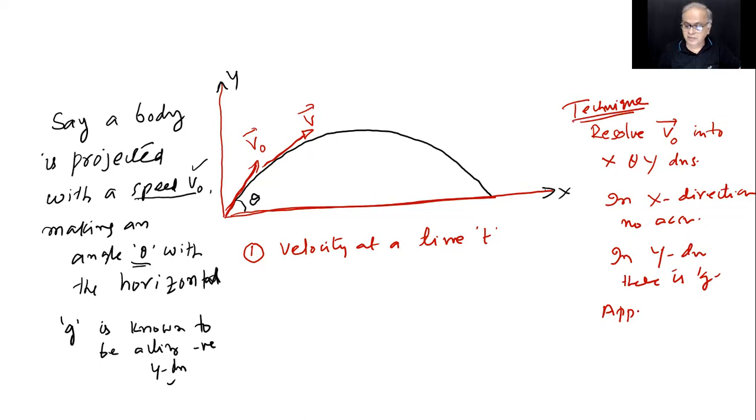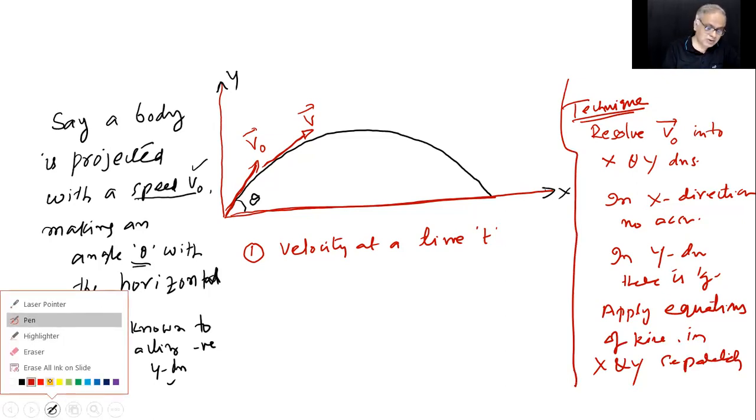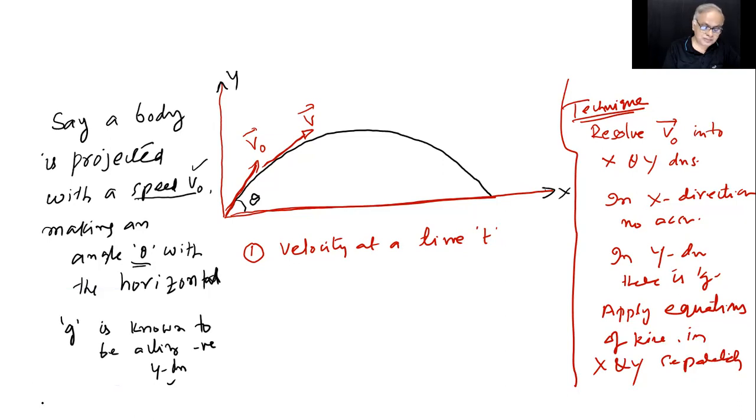What did I say? Apply equations of kinematics in x and y separately to understand the motion. So that's what we're going to do now. Therefore, let us resolve this velocity into two parts.